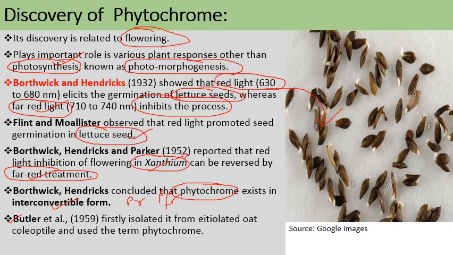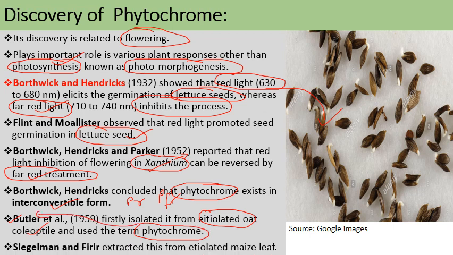Butler and his co-workers were the first to isolate this chemical substance from etiolated oat coleoptile and use the term phytochrome, and he was the first person to use this term phytochrome. Next were Siegelman and Firer. They extracted this from etiolated maize leaf. They extracted this chemical from the dark grown maize leaf.